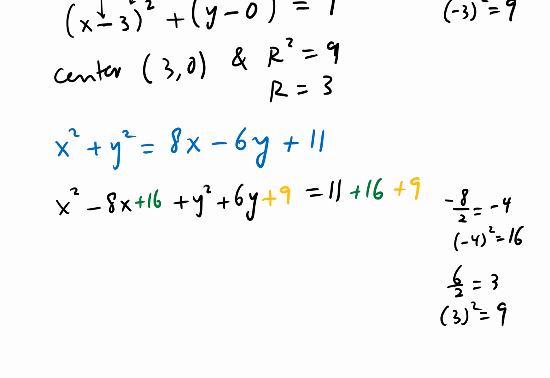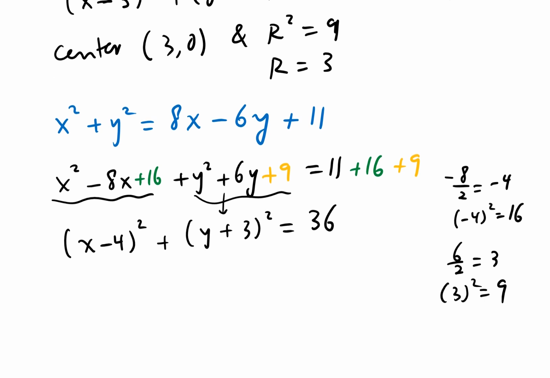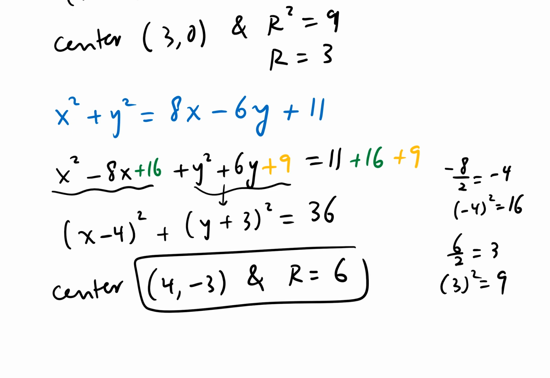So this one becomes (x minus 4) squared, and this becomes (y plus 3) squared equals, I believe, 36. So then the center in this case is 4, negative 3, and r squared is 36, so r is 6. That's the center and radius.